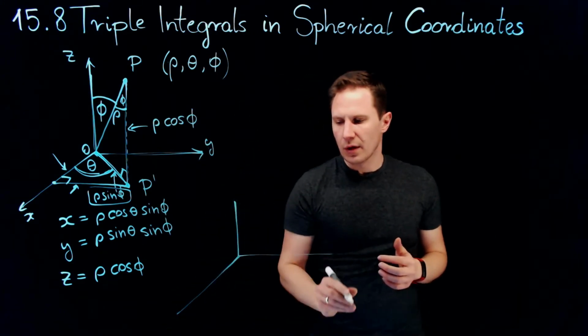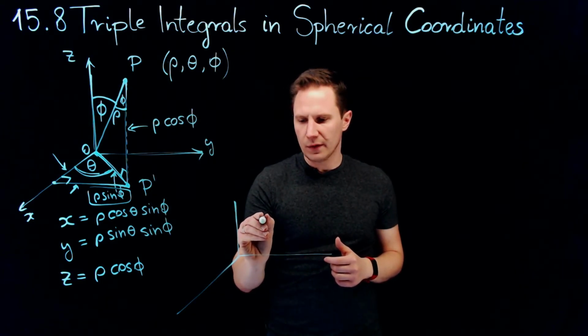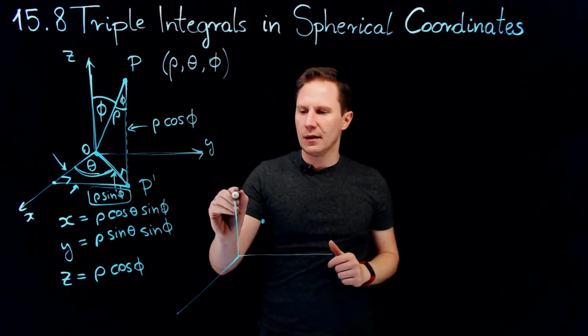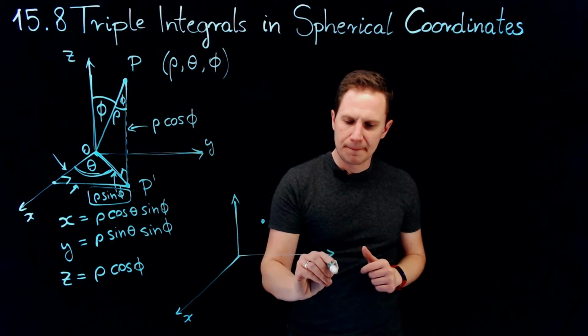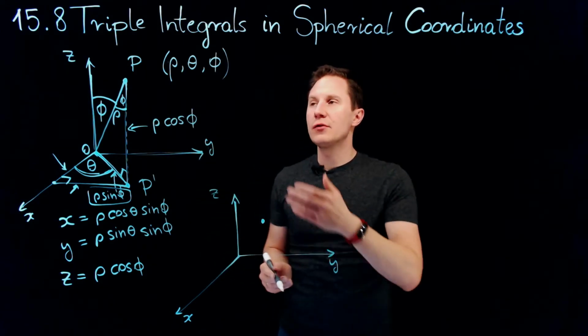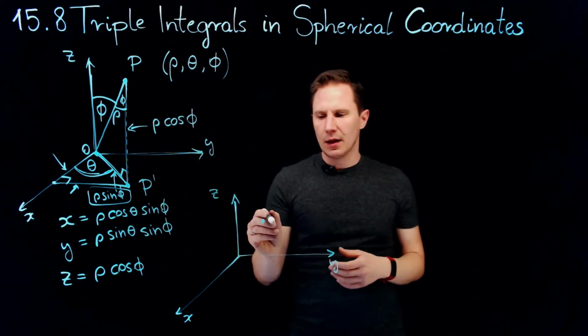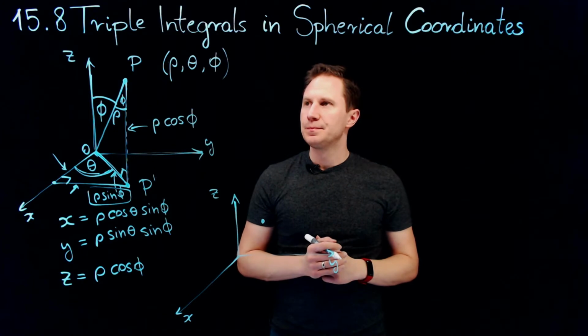Let's imagine that we are at some point with coordinates rho, theta and phi in 3D space, and then we add delta rho, delta theta and delta phi to form a spherical rectangle.